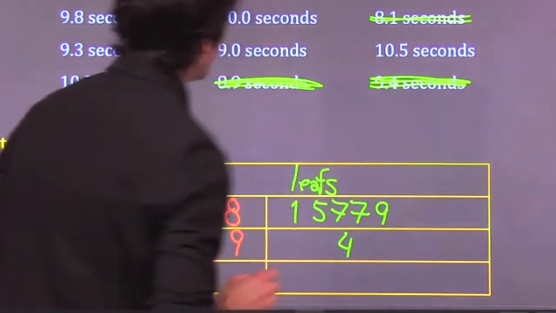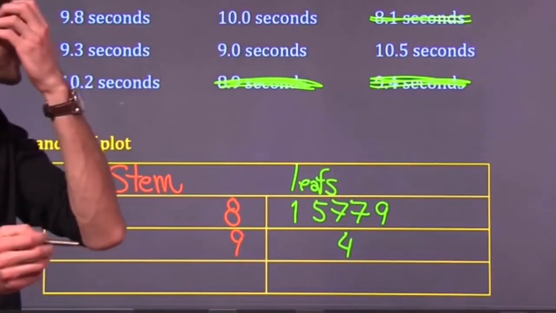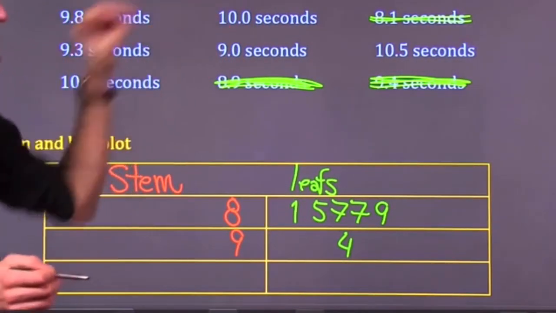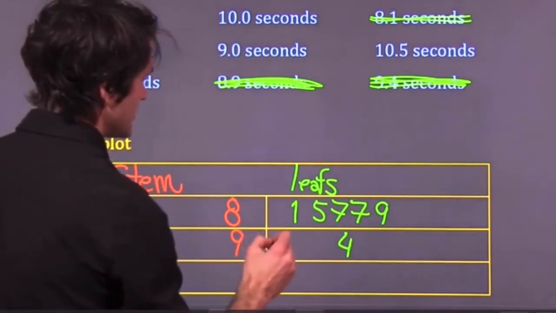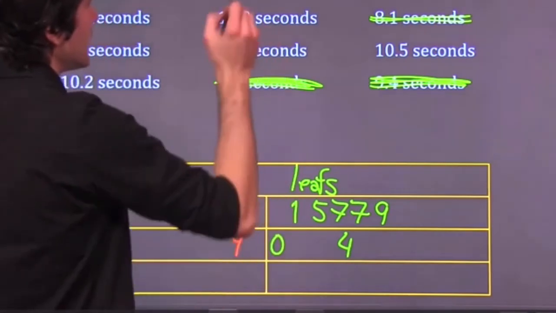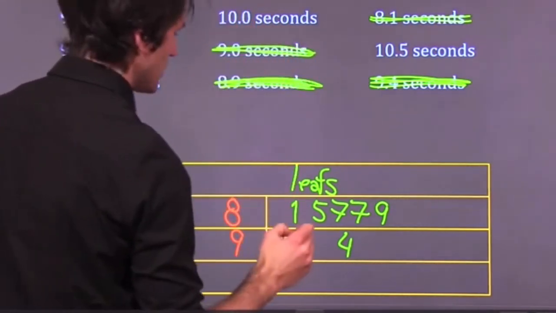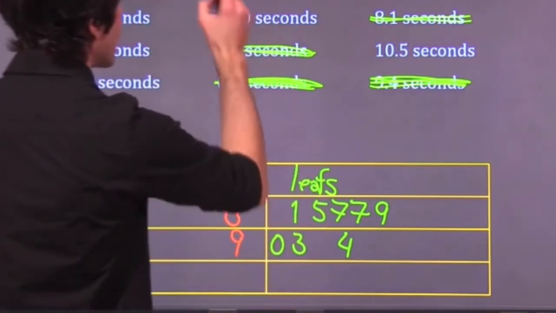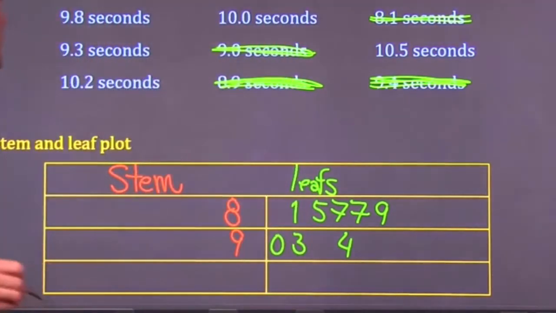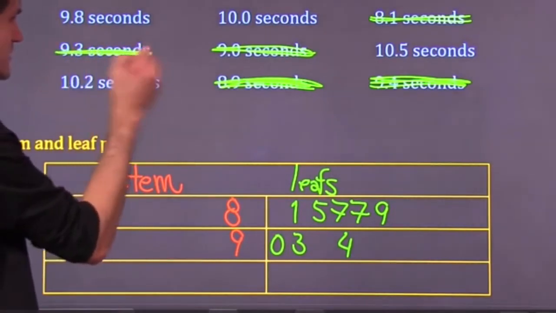Awesome. Okay, let's go to the next column and look at all these swimmers over here. We got 2 swimmers who took 9 point something seconds. We got 1 swimmer who took 9.0 seconds, and 1 swimmer who took 9.3 seconds. And going further on, we got another swimmer who took 9.3 seconds.